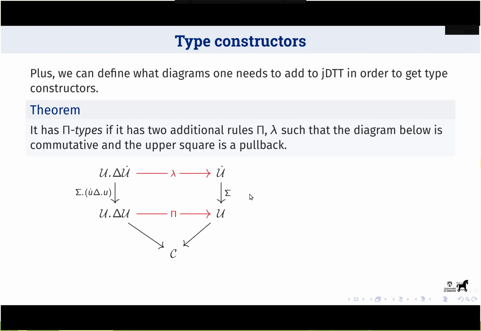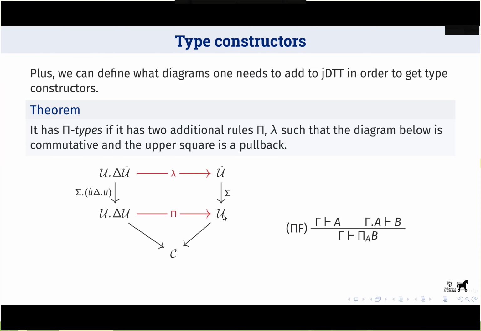Now, as you imagine, this makes type constructors much easier than they usually are, because we can know precisely what rules we need to encode, for example, pi types. Why? Because pi formation requires us to have something that goes out of this complex judgment and provides a new type. So in terms of diagrams, it means that we want to start off something here, and out of this, we want to produce a new type here.